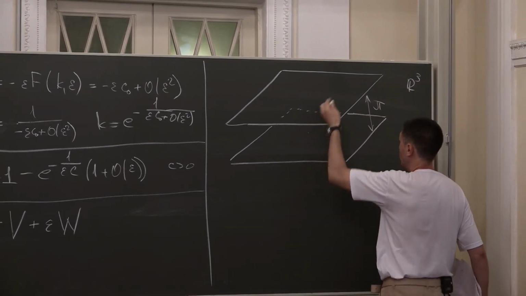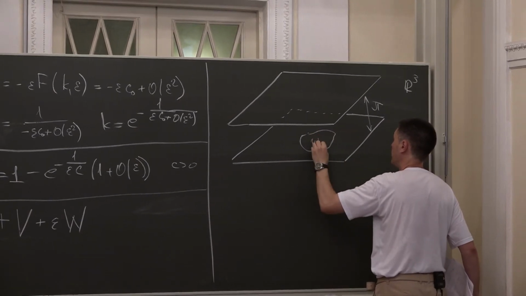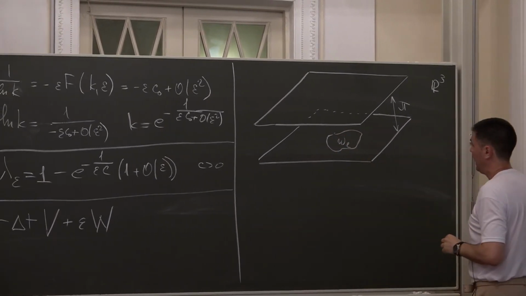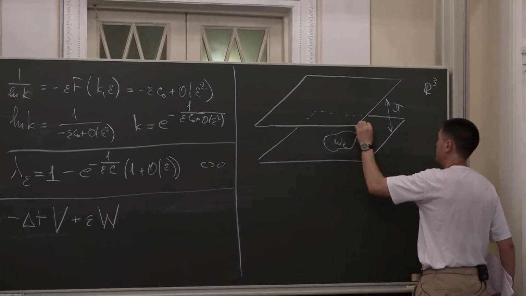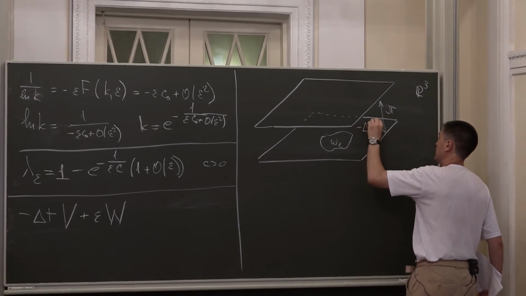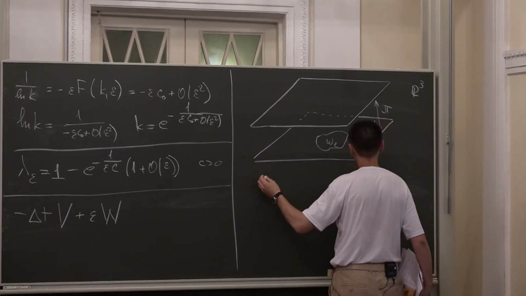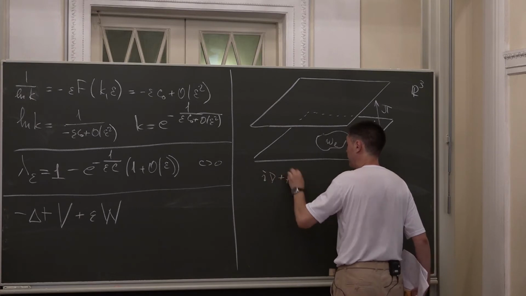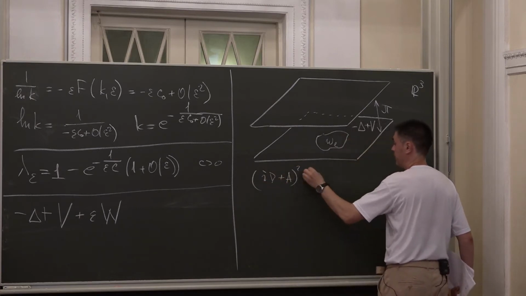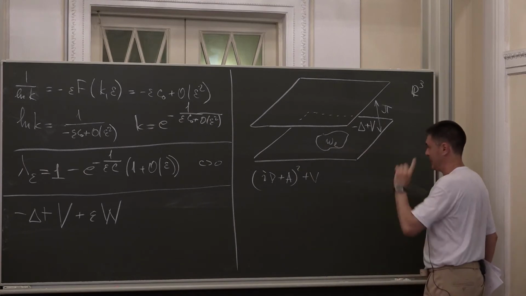And on one of these planes, we just choose some domain, say it will be omega L. And in this plane, I consider, say, operator of this form, Laplacian plus potential. It's also possible to deal with the magnetic Schrödinger operator. But actually, this one is enough.